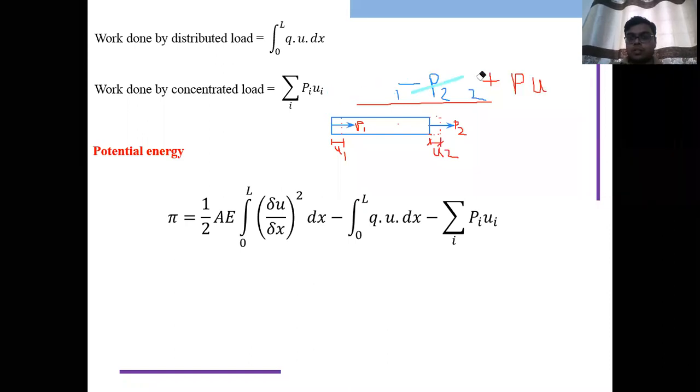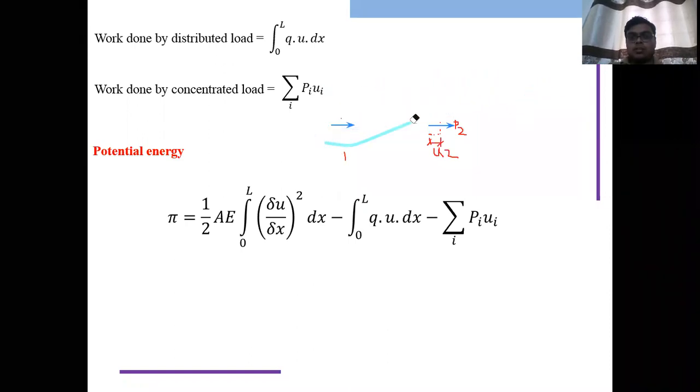I think you understand what the work done is and how to formulate its equation.